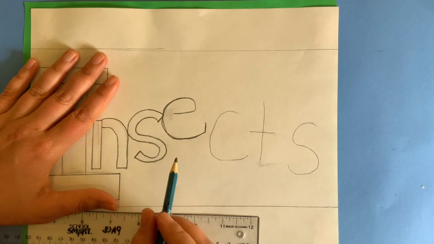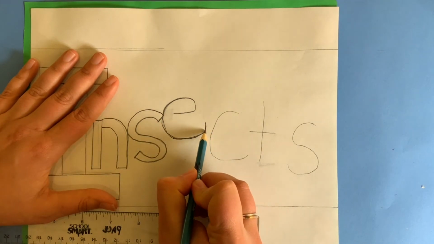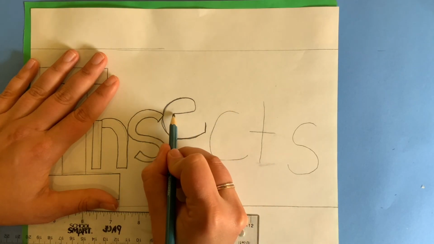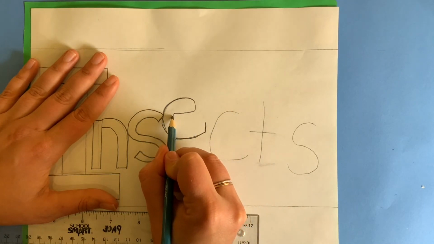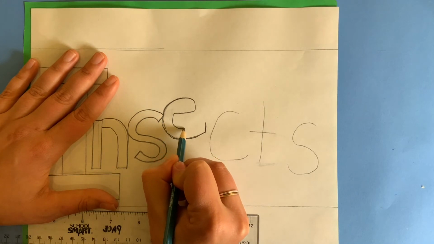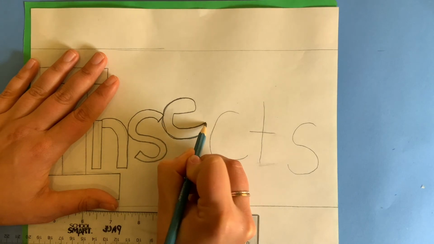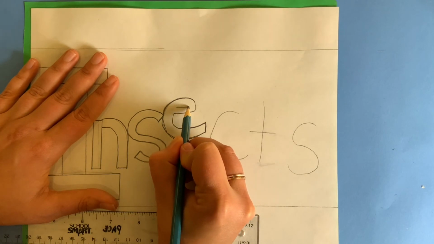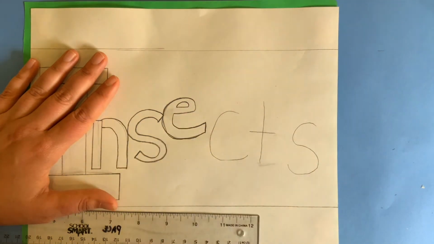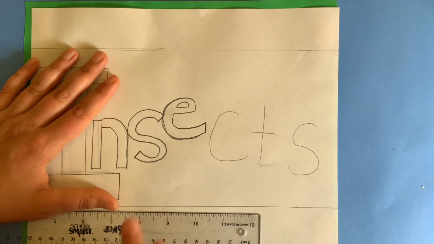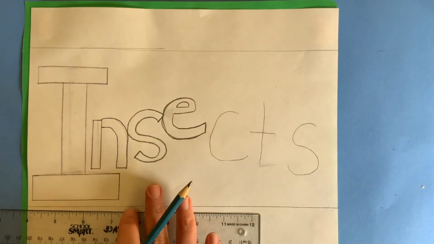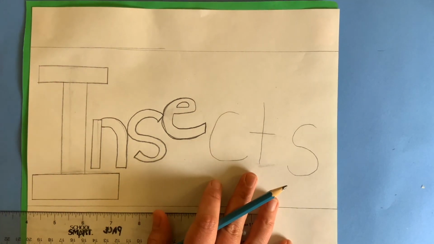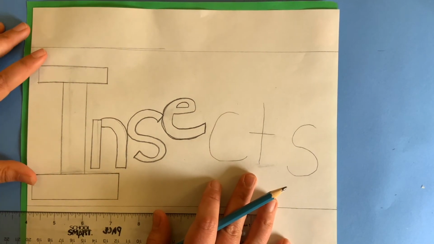That is okay. And then you've come up, and we're going to follow along just like we did, where we make a curved shape and we don't touch. And the E now needs a little window, kind of like an eye of an insect looking at you. Draw a little window. You're doing great.